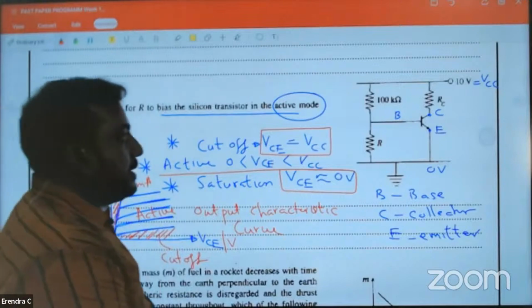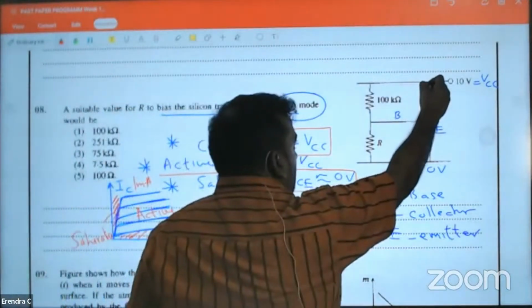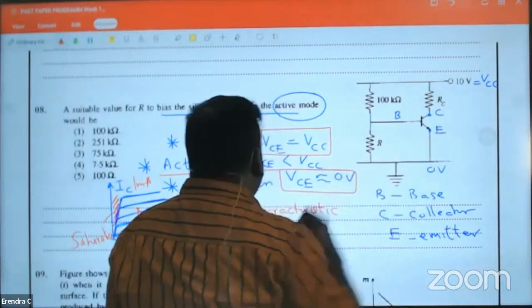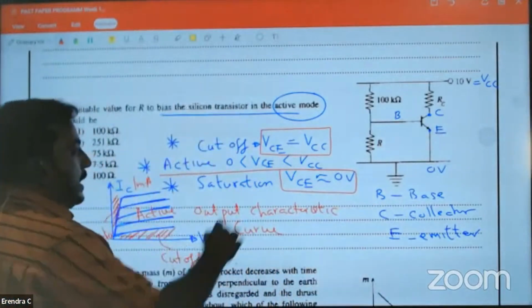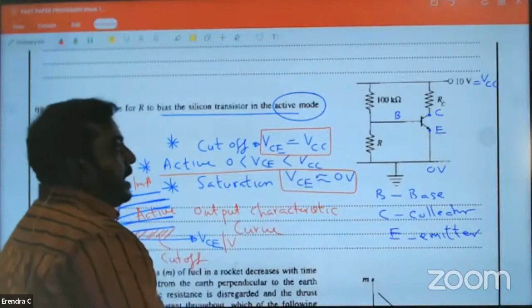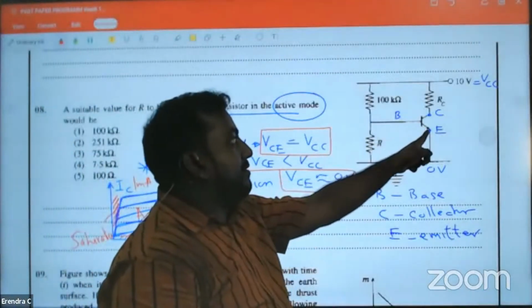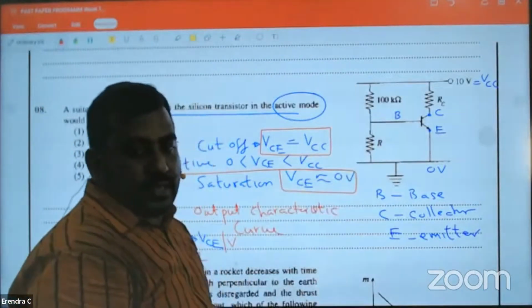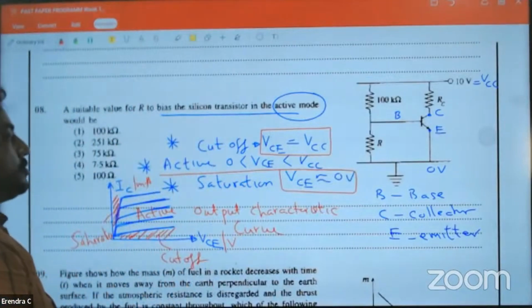Now, current is flowing through here. Cutoff region means when it's equal to the maximum, the current through this circuit will become 0.